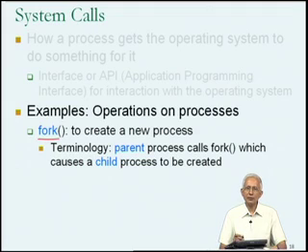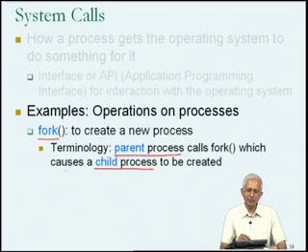Now the terminology which we use in reference to fork is, remember that if there is a process which calls fork, the net effect is going to be that a new process is going to come into existence, which means that I will then have two processes representing that program in execution, and I do therefore need to have some terminology to distinguish between them. So the standard terminology used is to use the term parent process to refer to the process that called fork, and child process for the process that came into existence as the result of the execution of fork.